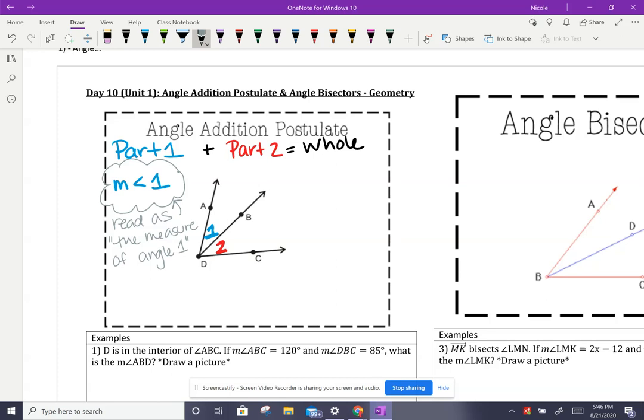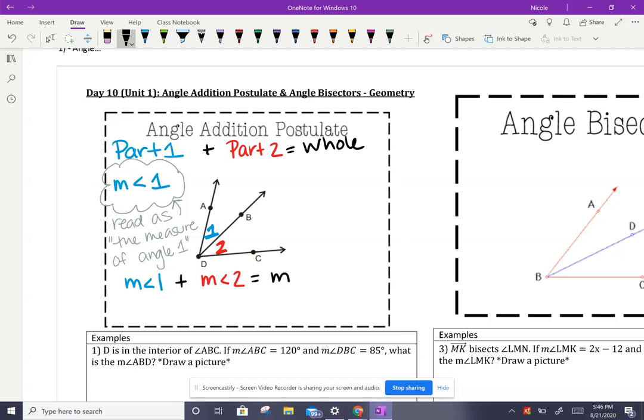If I was trying to talk about the angle addition postulate in terms of this angle, I could say the measure of angle 1 plus the measure of angle 2 equals the measure of the whole angle. Now, how am I going to name this whole entire angle? I have to think about the points.